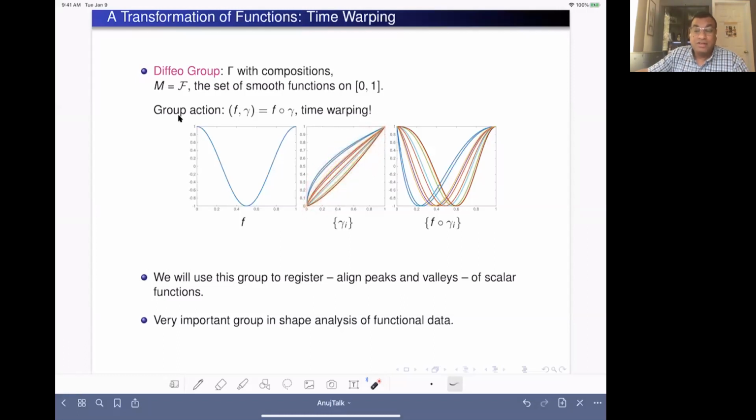What is the identity element of the group? It is just a straight line. What is the action? If I take this gamma, sometimes we call it time warping, and compose it with f, so I compute f composed with gamma, which means f of gamma of t, I get these things on the right-hand side.